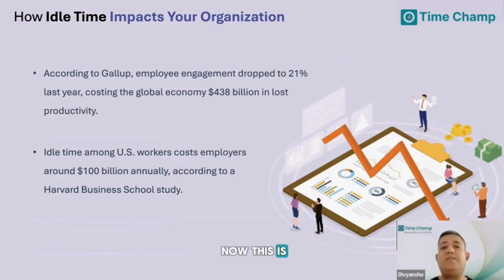This is because of so many other things coming in between the employee and the work. Technology is evolving, so over-dependence on technology is also bad. This is one of the causes. Idle time among US workers costs employers around $100 billion annually, according to a Harvard Business School study. This is the US alone.